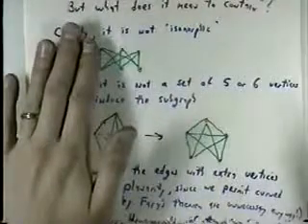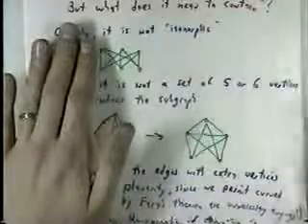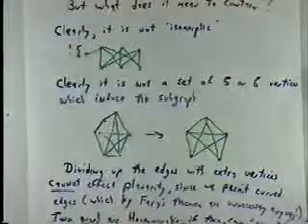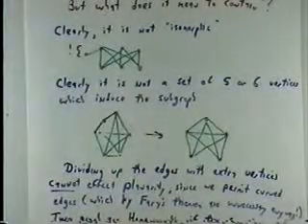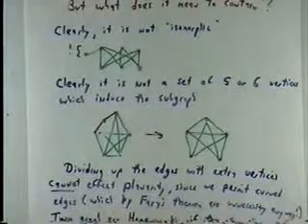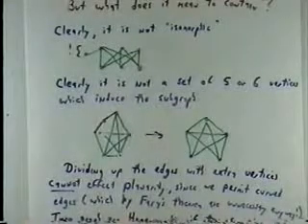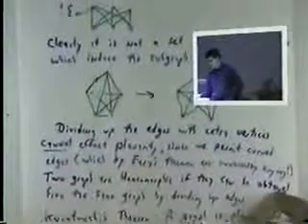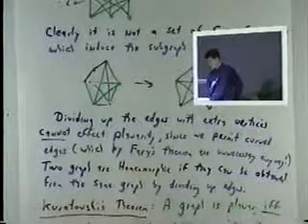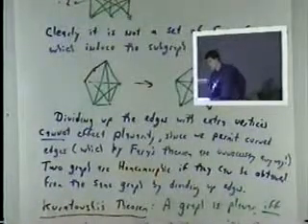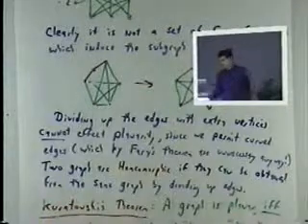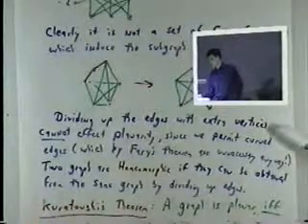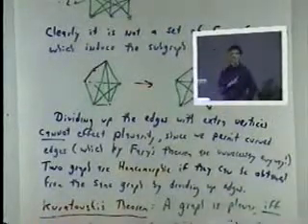Because, I guess I will say it should be obvious that this graph here is not. Even with this edge missing, the graph isn't planar from the previous theorem. And so certainly adding an edge shouldn't be able to make it planar. The main idea is that dividing up the edges with extra vertices cannot affect planarity.